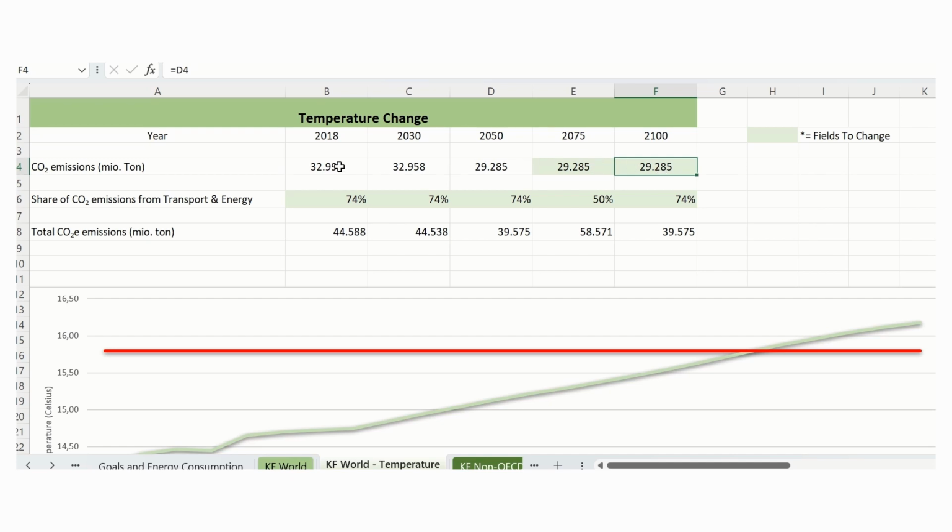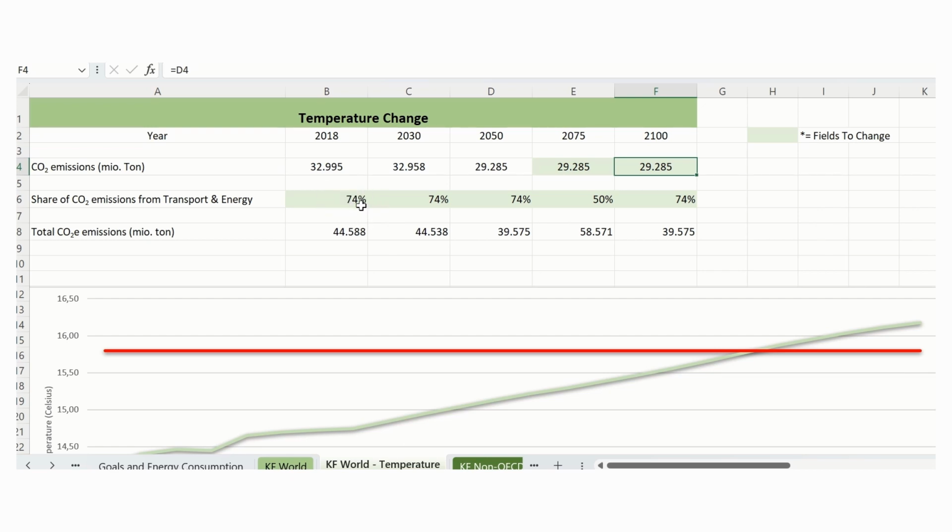These factors here are only the CO2 emissions within the energy sector, but there are also emissions of greenhouse gases in the other sectors here, and therefore you also have to fill in this key figure here, which explains how much of the total emission will come from the energy sector.